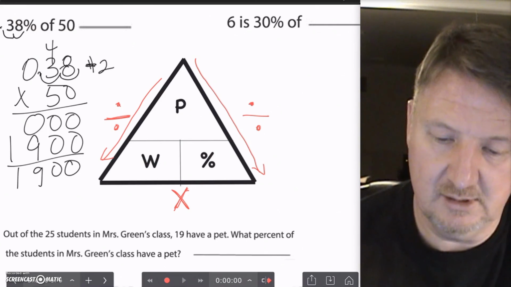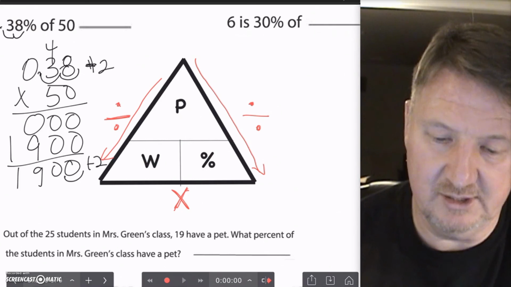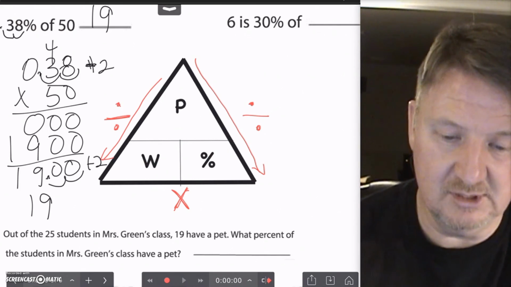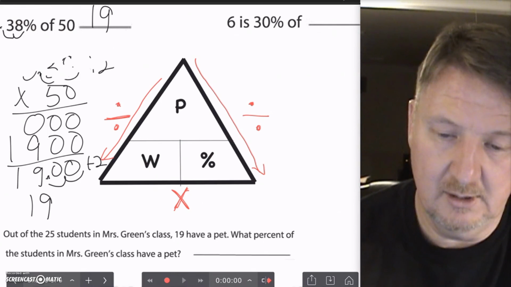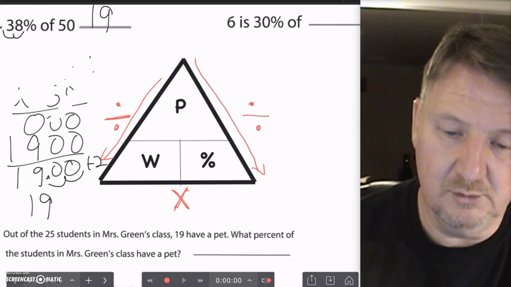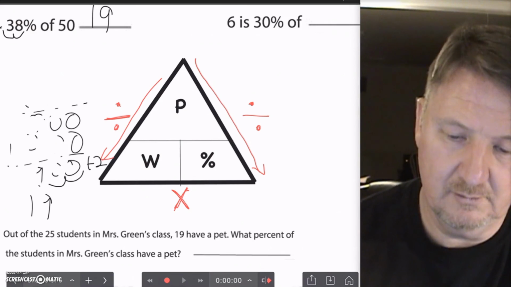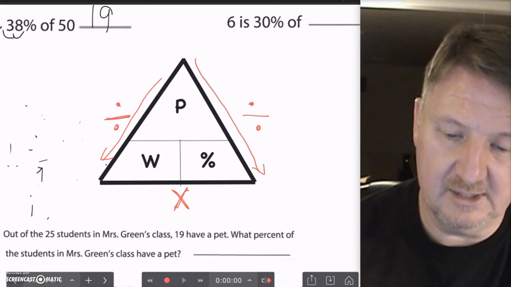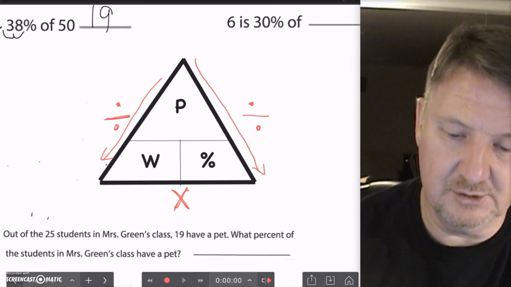That's a plus. So my answer is going to have 2 decimal places. My answer is 19. So that's how you use the percent triangle to solve that kind of problem. I'm going to erase all this.